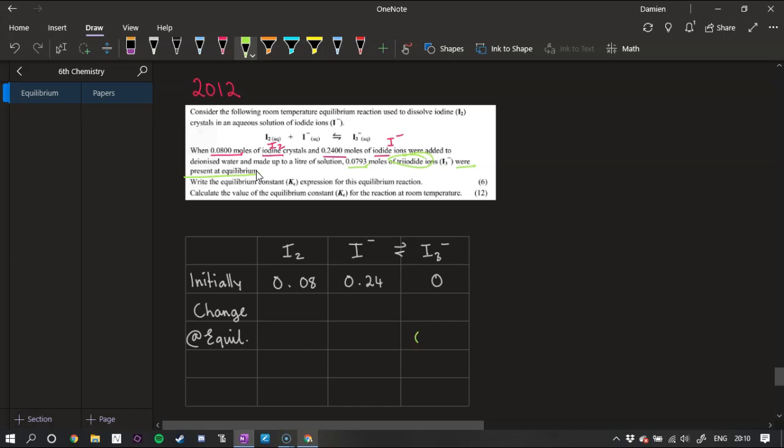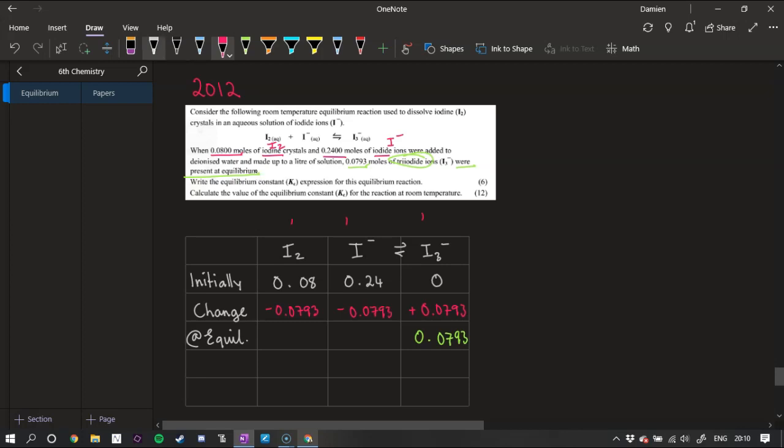So this one here is going to be 0.0793. So the change then is easy enough. That's plus 0.0793. And because this is a 1:1:1 ratio, that means over here this is going to be minus 0.0793 moles. This is going to be minus 0.0793 moles.